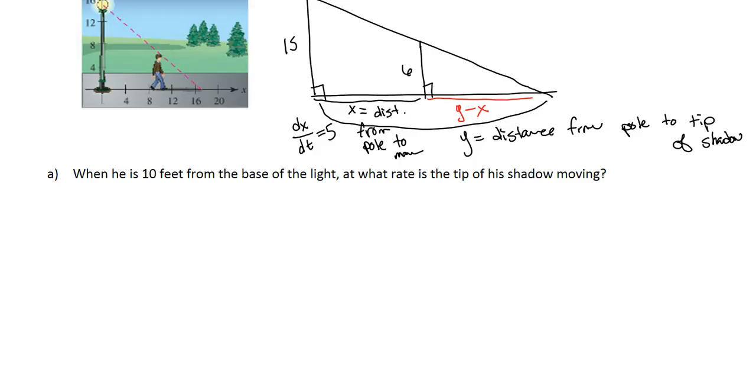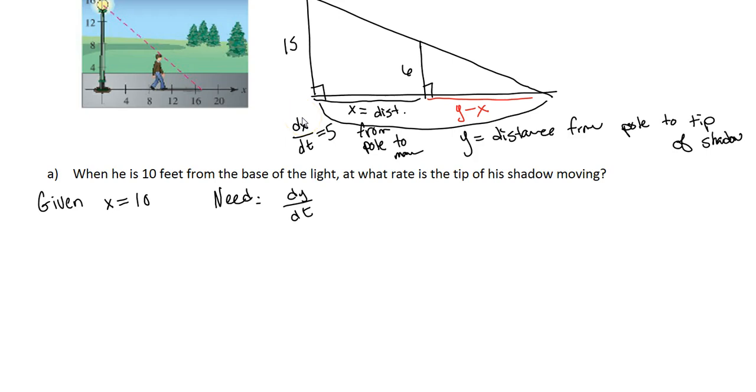So the first part of this problem says, when he is 10 feet from the base of the light, at what rate is the tip of his shadow moving? So this has given us that x is equal to 10, and we need to find dy over dt, because that's the rate that the shadow is growing.